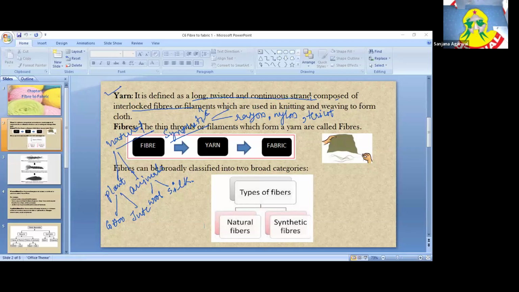Nishika, if you are speaking, we cannot hear you, okay? And we have to move ahead.